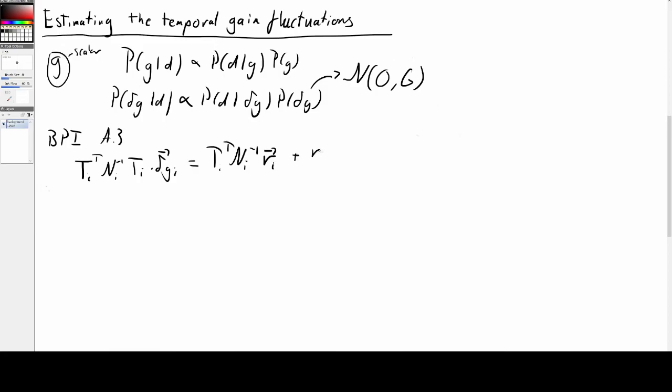And then we added a fluctuation term, which was the square root of T, like this.